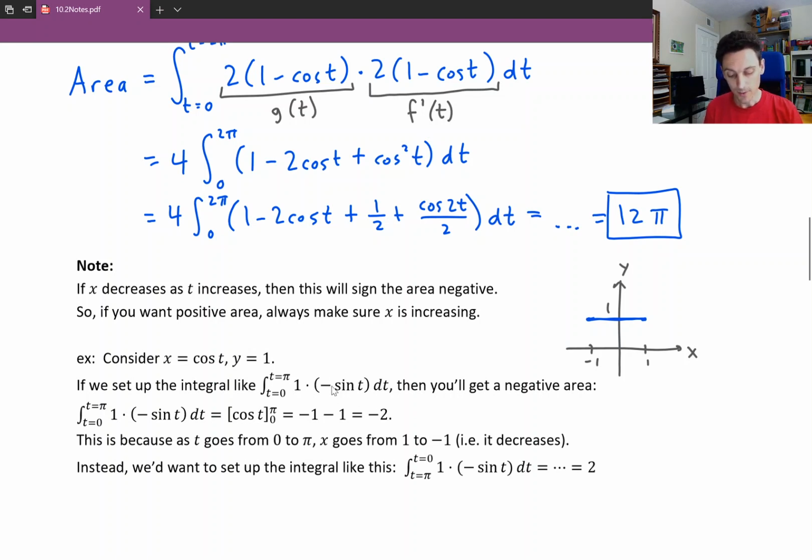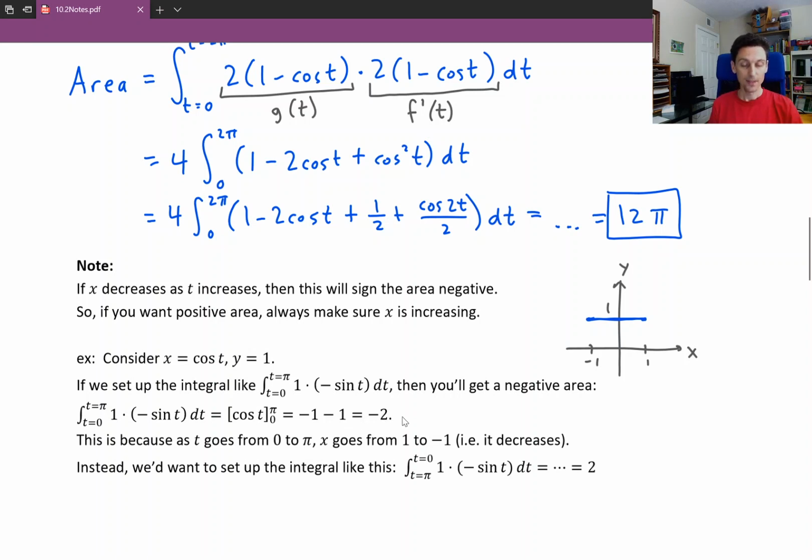So y is 1, the derivative of x with respect to t is negative sine t, and then we have our dt. You're going to get a negative area. If you finish that off, the integral of negative sine t is cosine t. If you plug in the limits of integration, you'll get cosine pi minus cosine 0, so that's negative 1 minus 1, which equals negative 2.